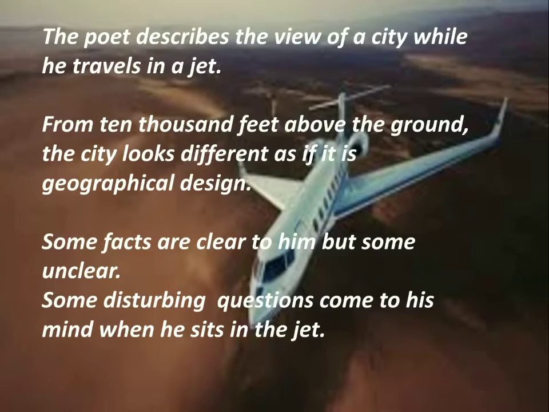Now coming to the second stanza, from 10,000 feet above the ground, the city looks different, as if it is a geographical design. Here the poet describes how the city looks from an altitude of about 10,000 feet from the ground.